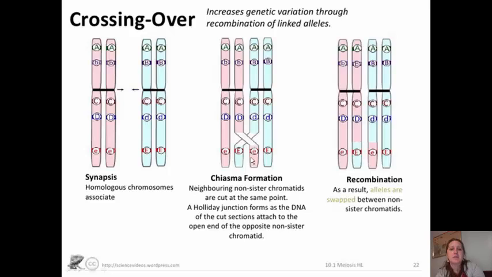This could happen at the bottom here or the top, or it could happen at both places. And this junction is called a Holliday junction. The result, when that junction is over, is that the alleles are swapped between those non-sister chromatids, and that's called recombination.